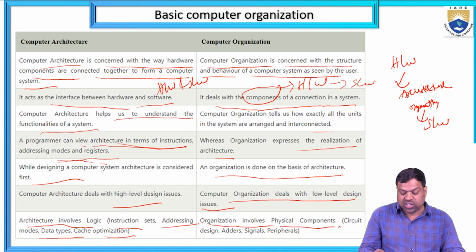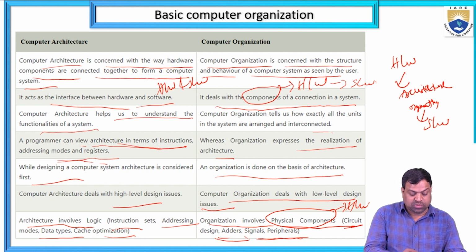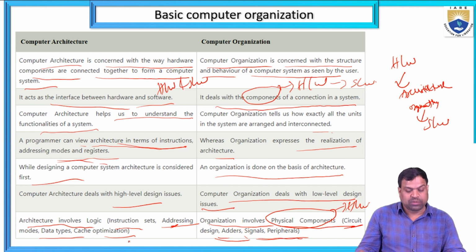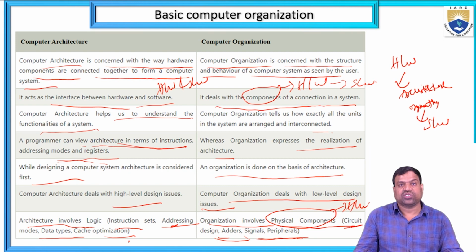Organization involves physical components, circuit design, and addressing signals. Hardware, circuits, design, and addressing signals are the organization. Architecture means addressing modes, data types, and cache optimization. So these are the differences between computer architecture and organization.